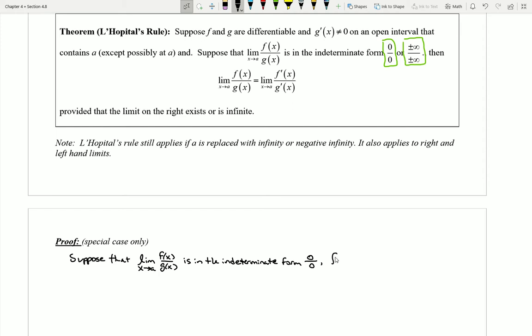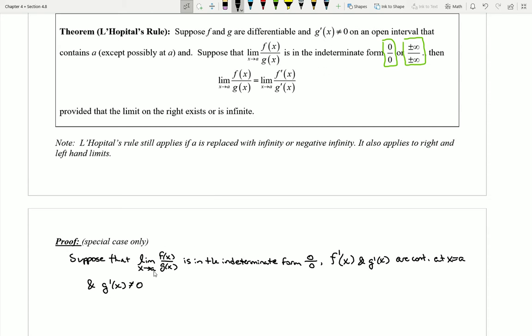Now we're also going to make a big assumption here, and this is our extra special assumption, that f prime and g prime are going to be continuous at x equals a. And of course, we'll assume, like we must, that g prime of x is not going to be equal to 0. That's one of our original given conditions.